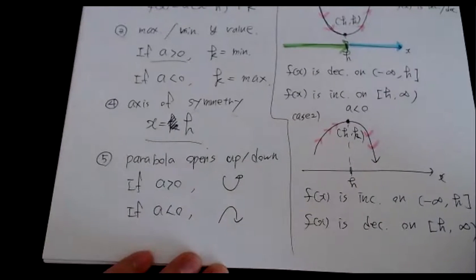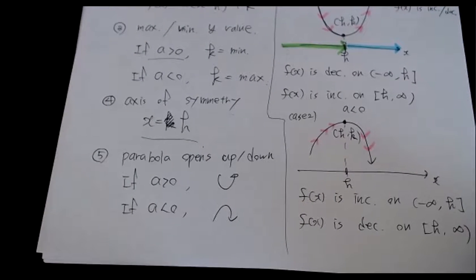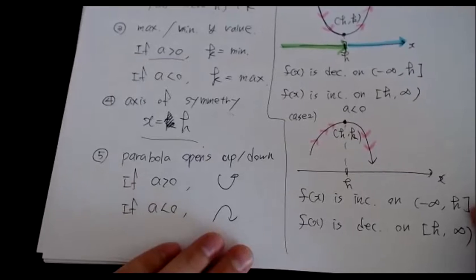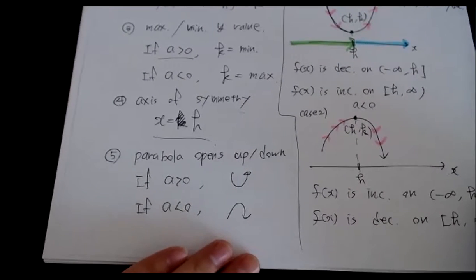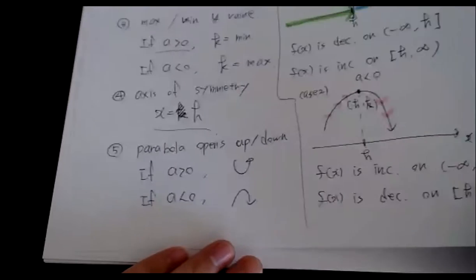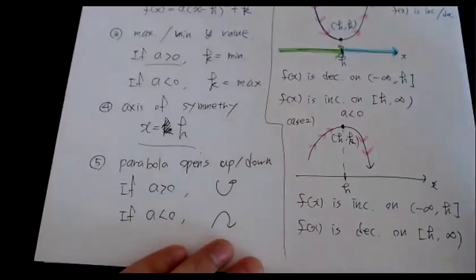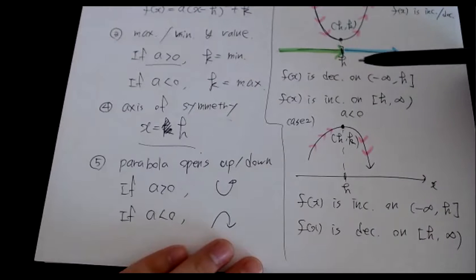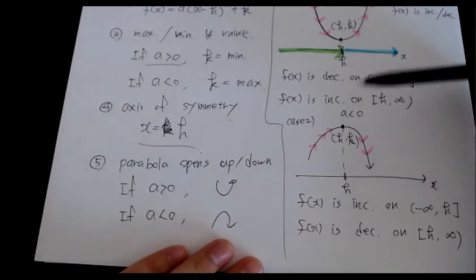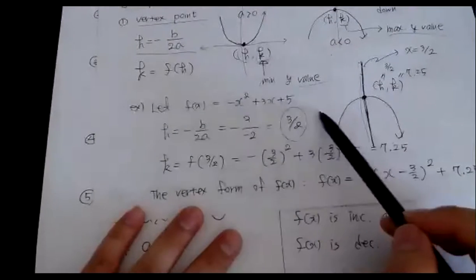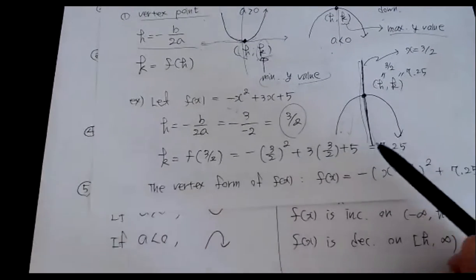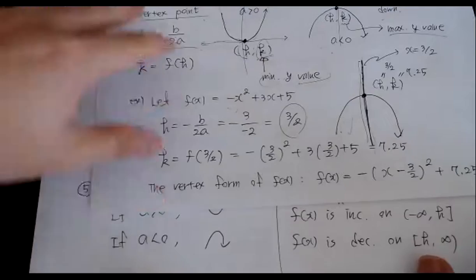The next one, before the last one, is to find the x-intercept and y-intercept. But before doing that, let's figure out the increasing and decreasing intervals of a quadratic function for an example.